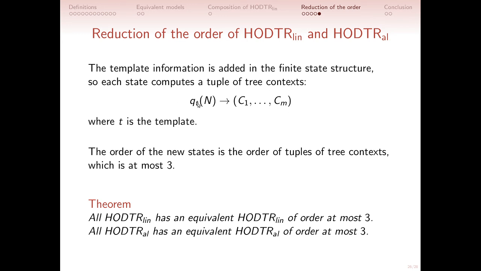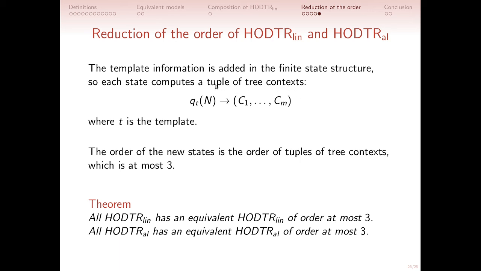So the template is already remembered in the state, and at the end of each computation, the initial state of the transducer will put things together to produce the output tree.